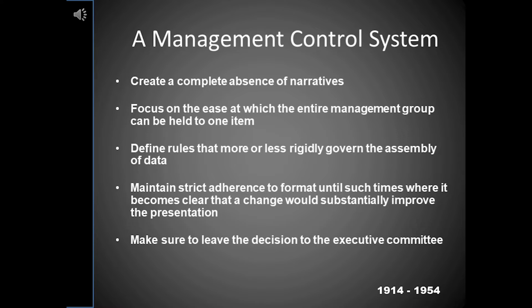And fifth and finally, but perhaps also most importantly, the idea of this management control system was to make sure that all decisions were made by the executive committee, which is what we today call the management board. In that sense, DuPont, at the time when the ROI calculation was introduced, was a top-driven company.